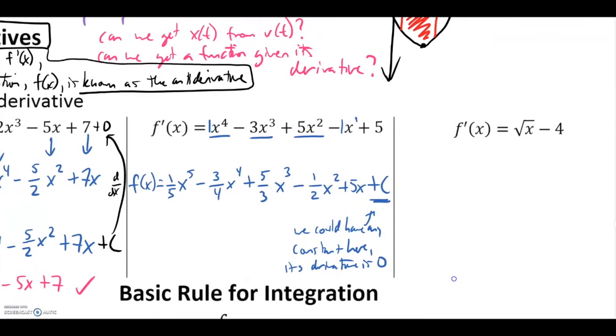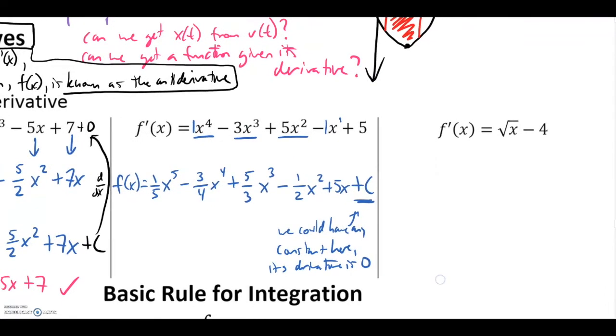And so let's look at one more before we wrap up this part and get closer to that fundamental theorem of calculus. Here we have f prime of x equals square root of x minus 4. Well, just the same way we worked with derivatives initially, I'm going to change this into being an x to the 1/2 minus 4, which will give me that f of x is, this is going to have to get 1 larger.